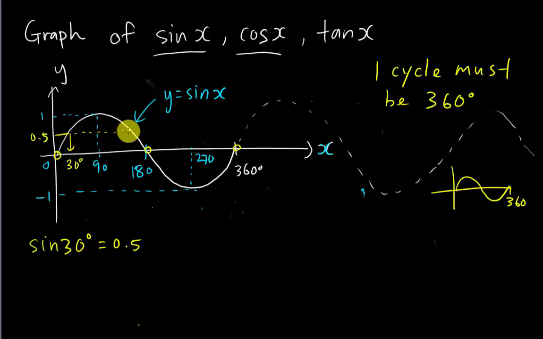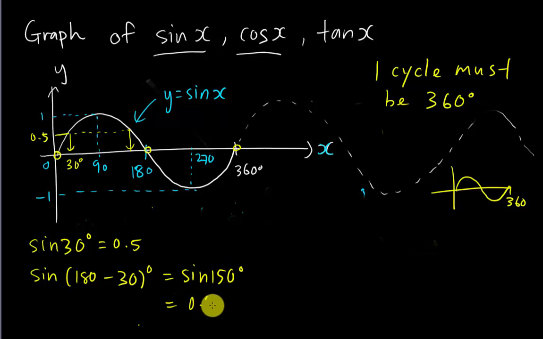However, if I continue over here, this value will be sine 180 minus 30, which is sine 150. That means if you use your calculator and type sine 150, the calculator will tell you it's 0.5 as well. No angle, it's just the value 0.5.